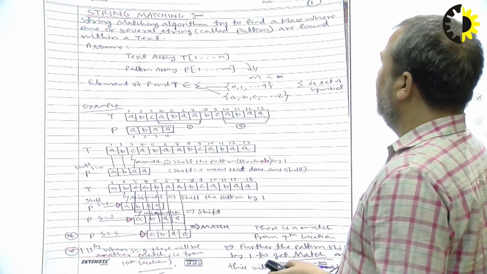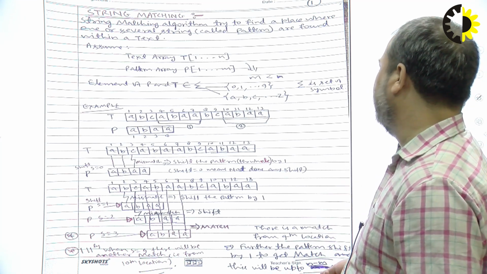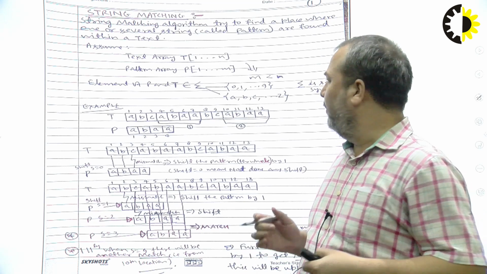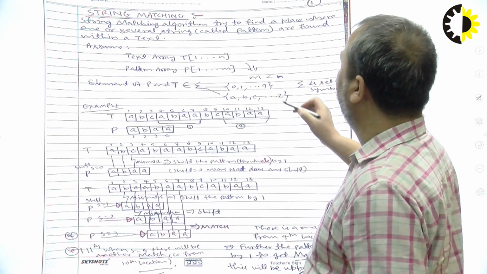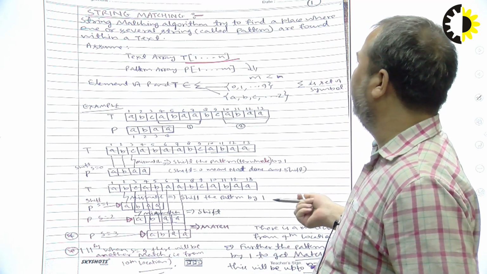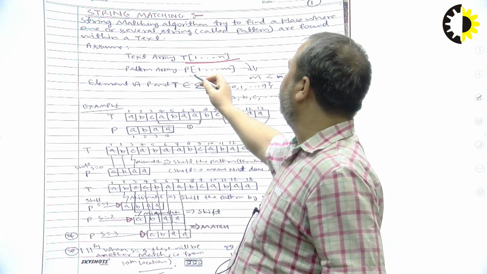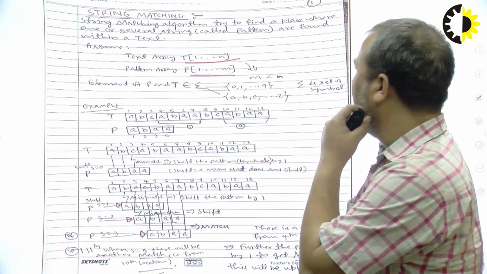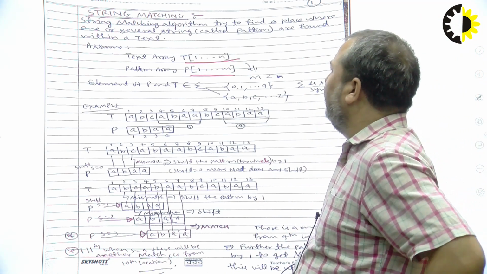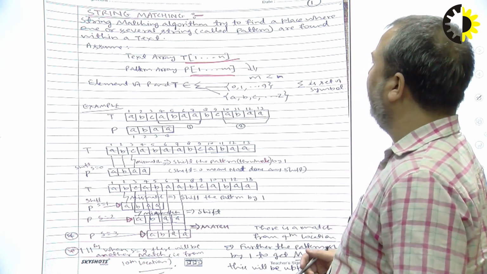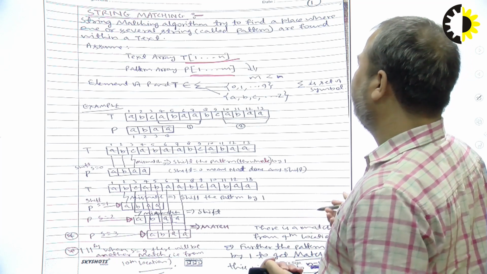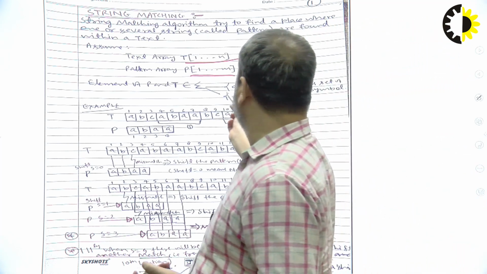So let's discuss how the pattern could match with the given string. For example, we have a text array of size n and a pattern array of size m. Of course, m will be less than n, or m may sometimes be equal to n. The elements of P and T are a subset of sigma.